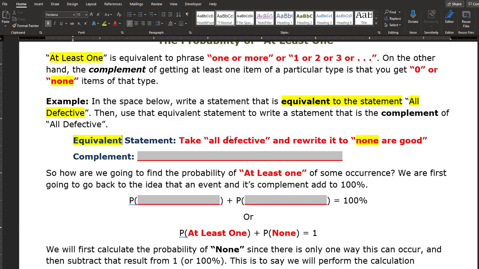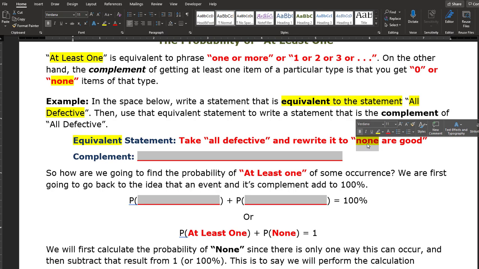So if all of them are defective, that means every single one of them has a defect. That means there are none of them that are good. So these two ideas right here, all defective and none good, those are actually going to be the same thing. They mean the same exact thing. They're not opposites. They're the same. Now, we have this word none in here, and the reason I have that in there is now I can say, okay, if it's not none, well, what's kind of the complement of that?